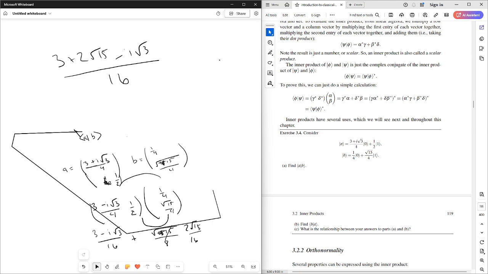Correct. Yes, 3 plus 2 square roots of 15 minus i square root of 3 over 16.